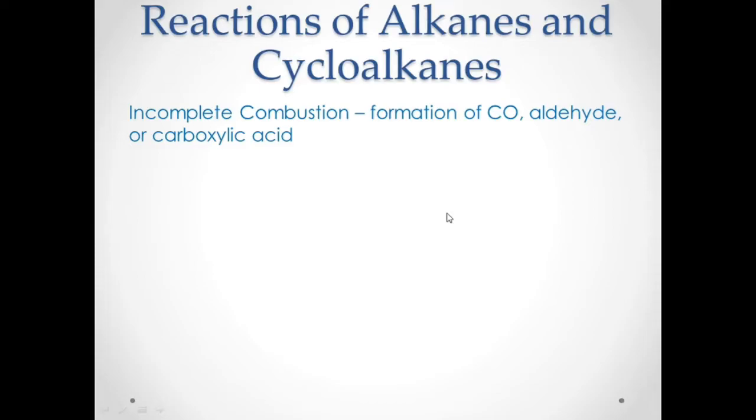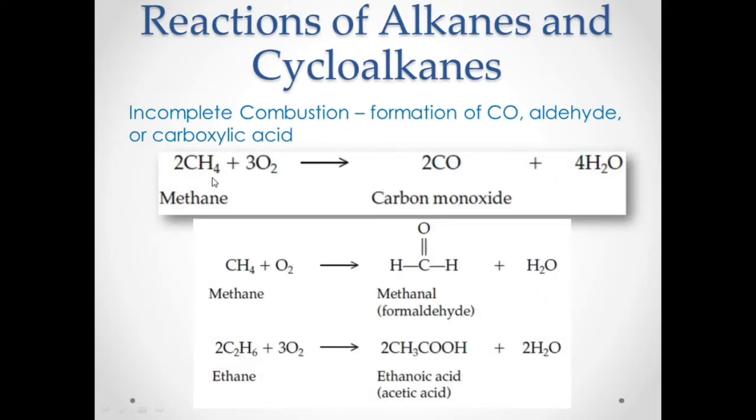However, the product may differ. It could be carbon monoxide, an aldehyde, or the formation of a carboxylic acid. So for example, if methane undergoes incomplete combustion, you have methane plus oxygen, and the product would now be, instead of carbon dioxide, carbon monoxide plus water.